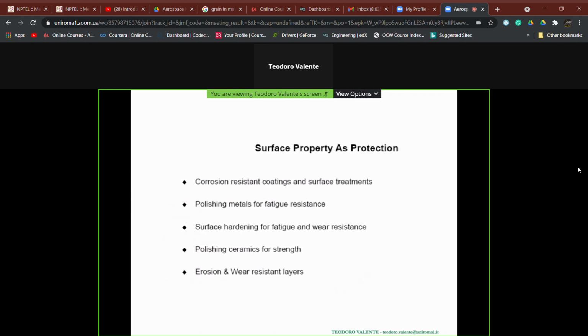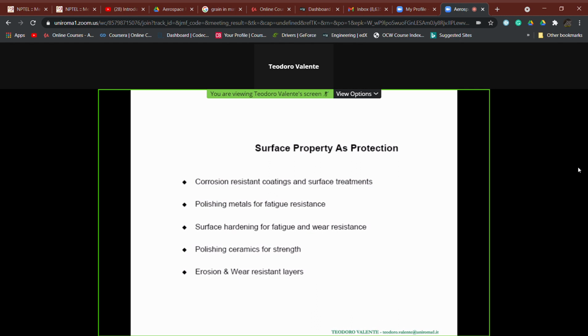In terms of protection, instead, our surface must confer corrosion resistance behavior, and this opens the whole field of corrosion resistant coatings. Or it must have a defined smoothness in order to diminish problems related, for example, to crack propagation by fatigue.